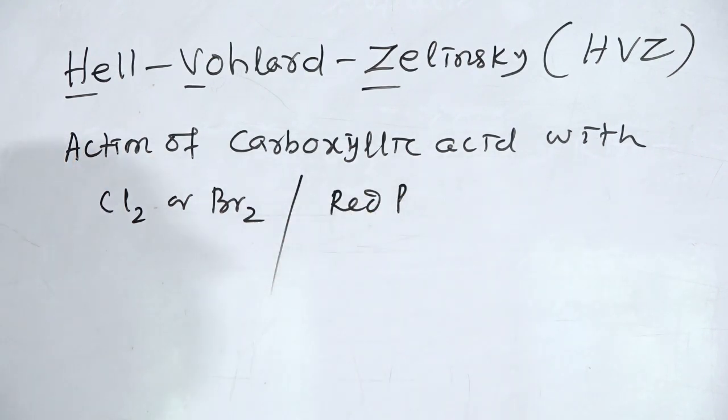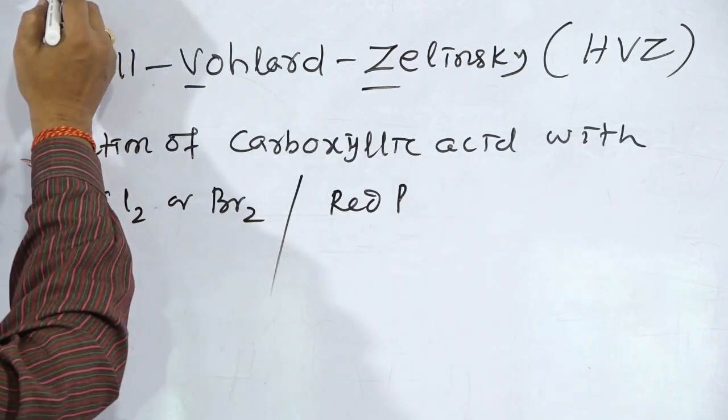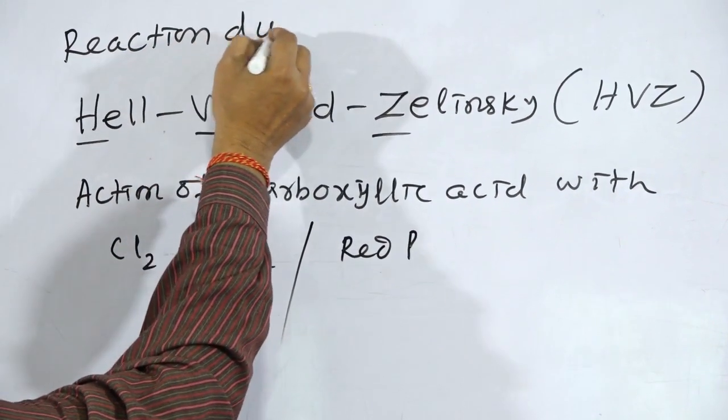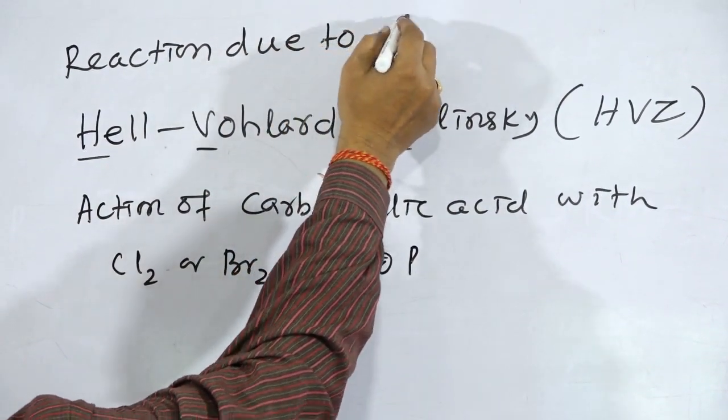The alpha hydrogen atom is replaced in these acids, that is the reaction due to the R part.